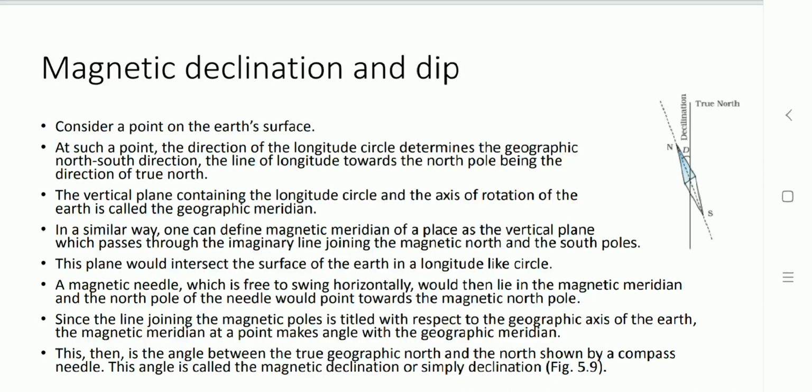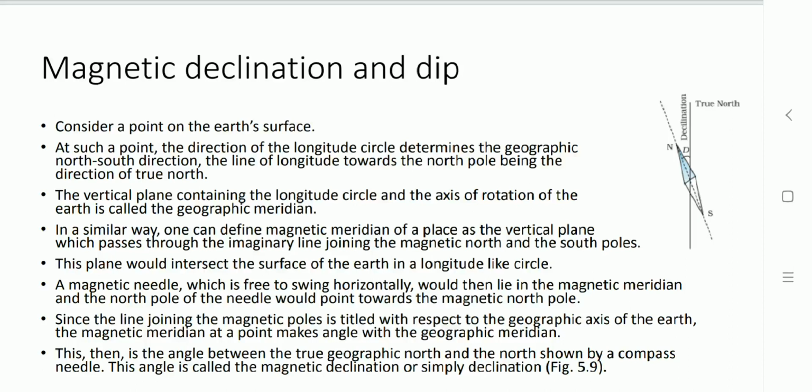The straight line is a vertical line from the longitude circle, that gives you the geographic meridian. Now the needle, which is placed initially horizontally, lies in the magnetic meridian. The magnetic meridian of a place is the vertical plane passing through an imaginary line joining the magnetic north and south pole.